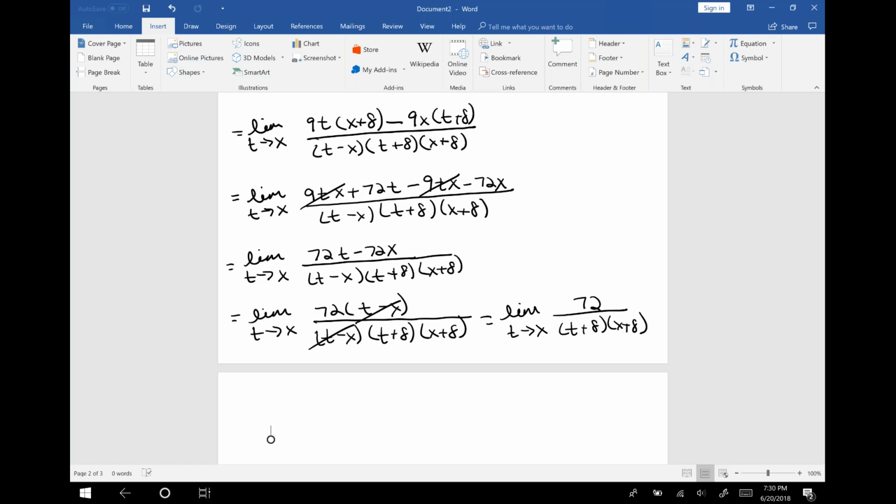All right, so now t is going to x. That means when we see a t here, we can make that an x, and then we don't have a problem with any zeros in the denominator. So now we're taking that limit and we're going to plug x in everywhere we see a t. We don't have to write limit anymore because we're taking the limit now. So we have 72 divided by x plus 8 times x plus 8, which we can just write as x plus 8 squared.